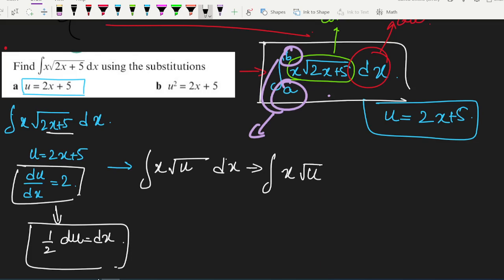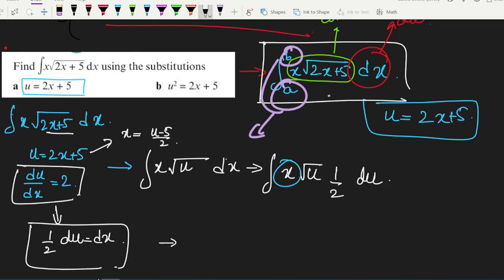So I can further convert dx into du like this: x root u times 1 over 2 du. Now we have this x, which we also have to convert in u. From the u substitution, we have u equals 2x plus 5, so if I make x the subject, I get x equals (u minus 5) over 2.